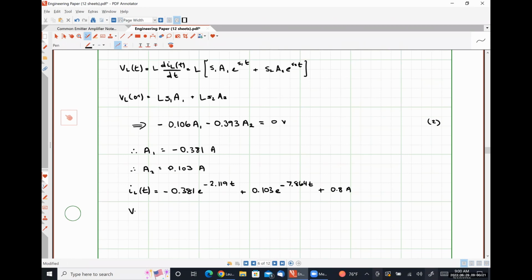And finally, VR of t is just going to be 5 ohms times IL of t.